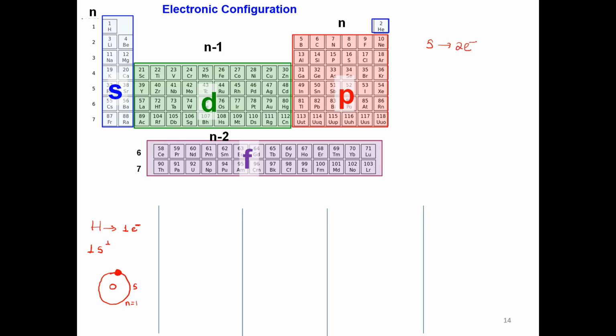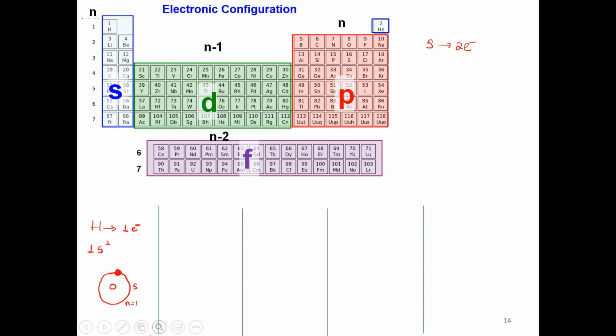We have 1, so it's okay. The electronic configuration of hydrogen is 1s1, and this is how we can represent it using a diagram. This is the first orbital, it has 1 suborbital, and this is the electron.